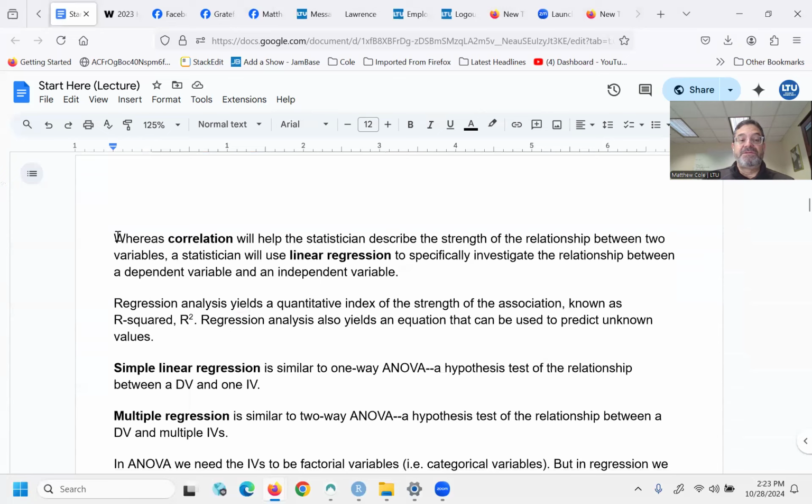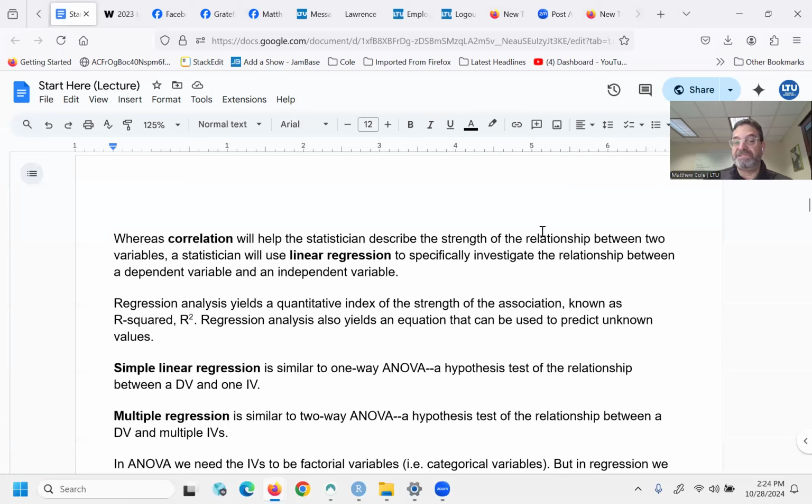Okay. So whereas correlation will help you as the statistician with describing the strength of the relationship between two variables, a statistician will explicitly use linear regression, or regression, to specifically investigate the relationship between a dependent variable and an independent variable.